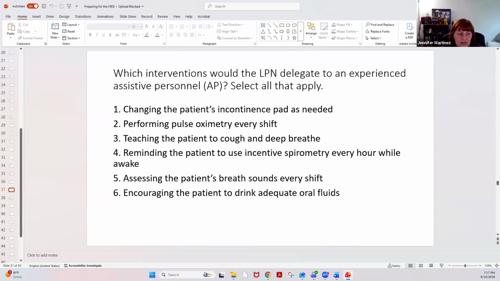Four, reminding the patient to use incentive spirometry every hour while awake. Five, assessing the patient's breath sounds every shift. Or six, encouraging the patient to drink adequate oral fluids. Which of those can the UAP do? 1, 2, 4, and 6.